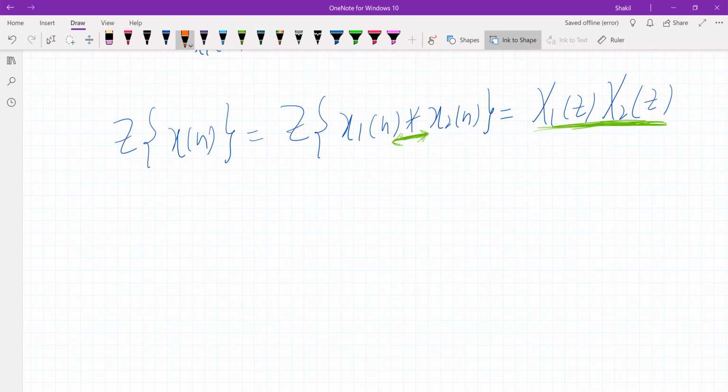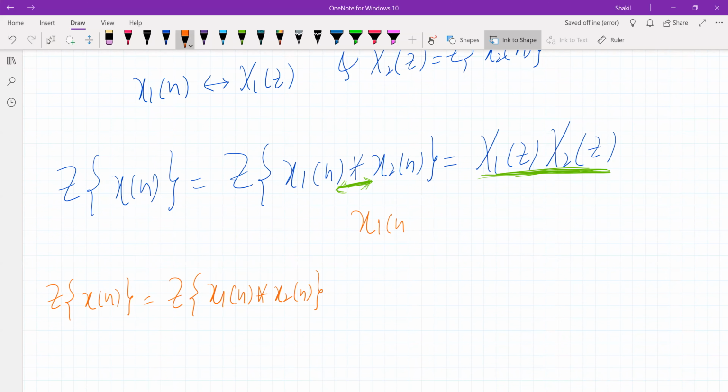Now let's prove this. So the z transform of x of n, which is defined as the convolution of x1 of n and x2 of n. Now we know the convolution between x1 and x2 of n, if you remember, is simply the sum with k running from minus infinity to infinity of x1 of k, x2 of n minus k.